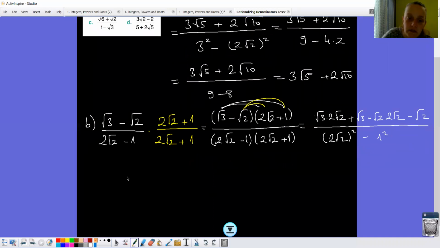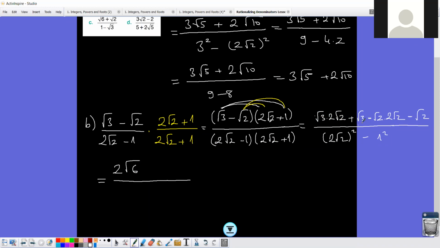Now, let's see what I have in the numerator. Root 3 times 2 root 2 will be 2 is out, 3 times 2, 6, so 2 root 6, plus root of 3, minus 4.